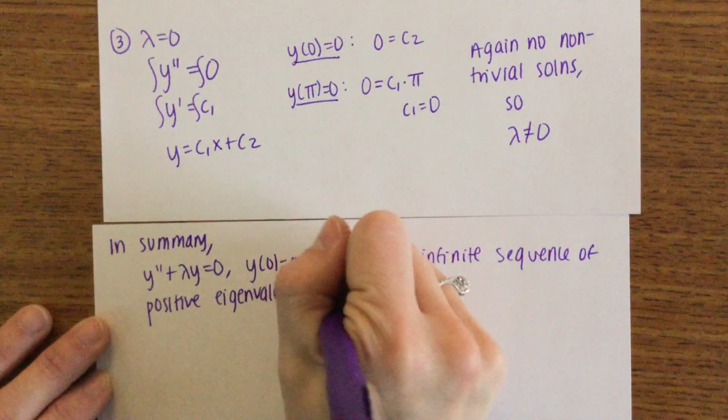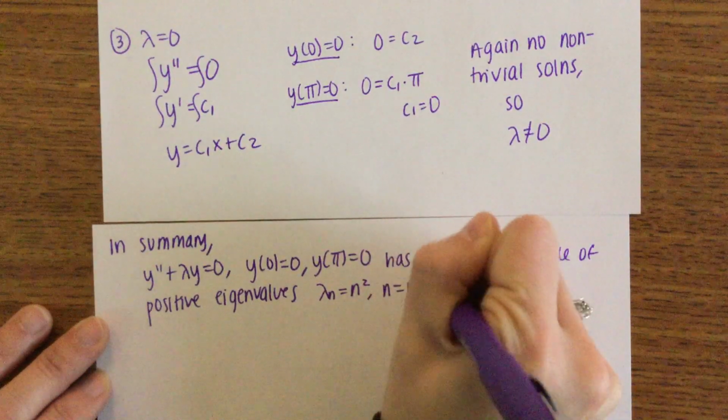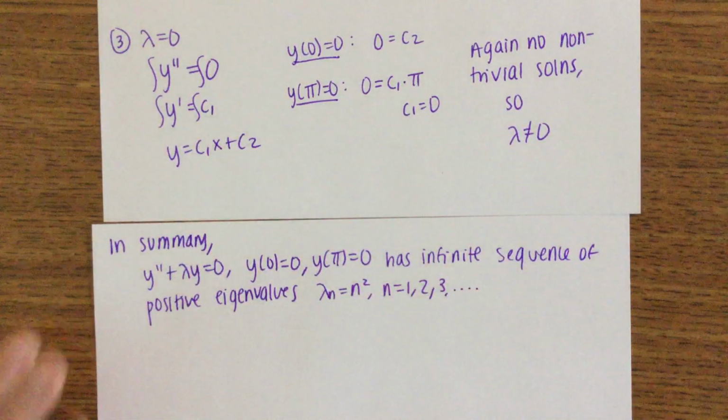We write it as lambda of n equals n squared, where n is 1, 2, 3, etc.